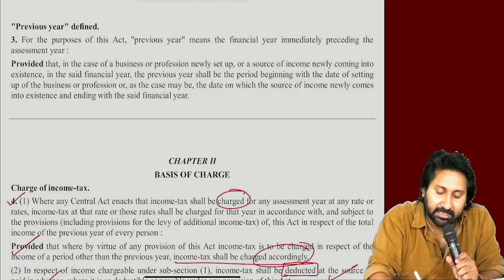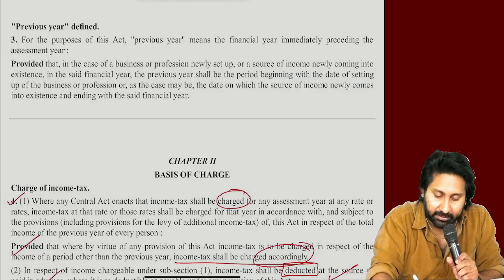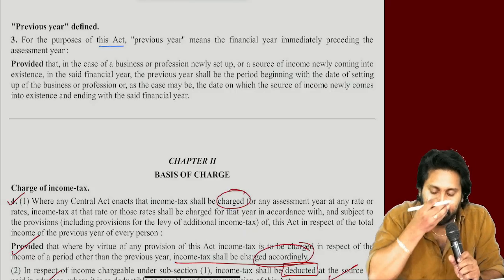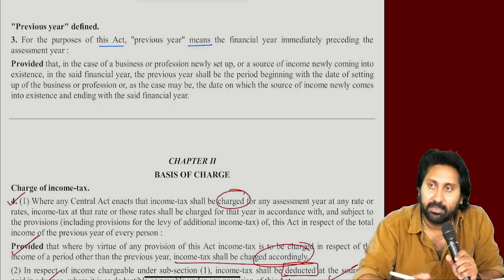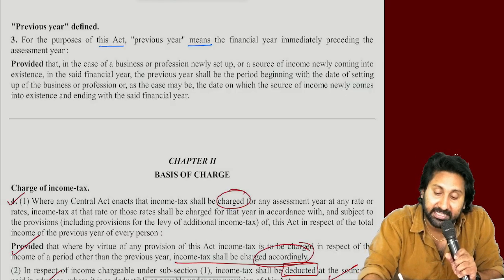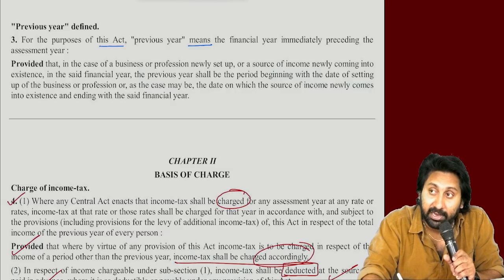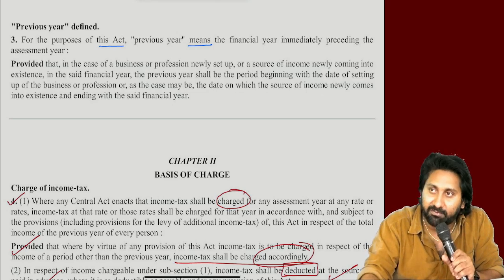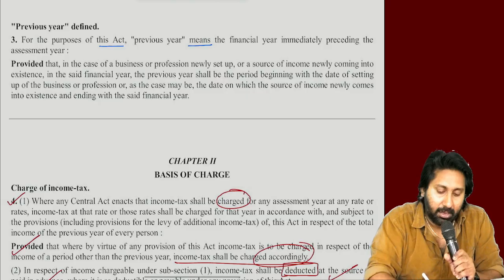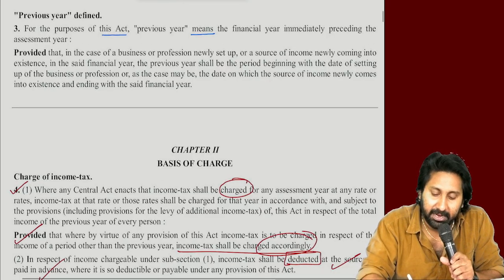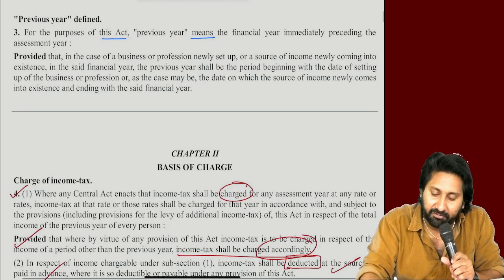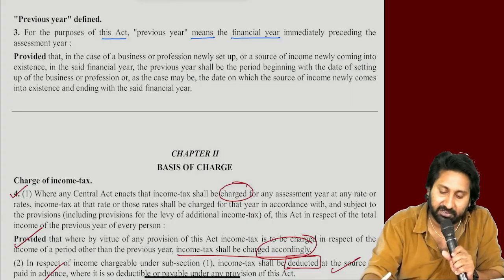Previous year is defined for the purposes of this Act. Previous year means, and when I use the word means in a definition, only that can enter into it. For the purposes of this Act, the Income Tax Act, previous year means financial year. That's the first point.